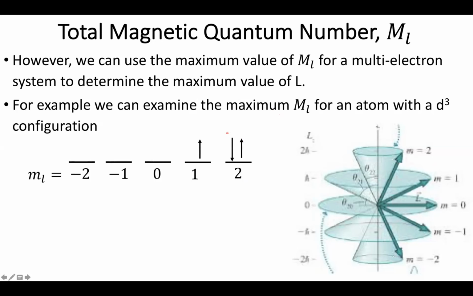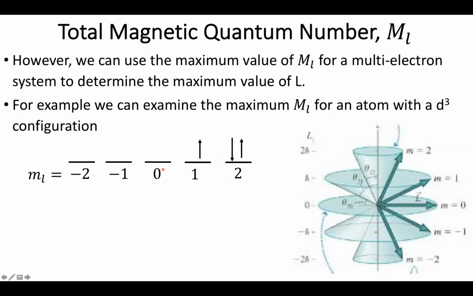So the easy call is I put 2 electrons in the +2 orbital, and then I can't fit in a 3rd electron there. So I have to put that 3rd electron in the +1 orbital. That means that my maximum value for my total magnetic quantum number is going to be 5, not the 6 I might hope for.